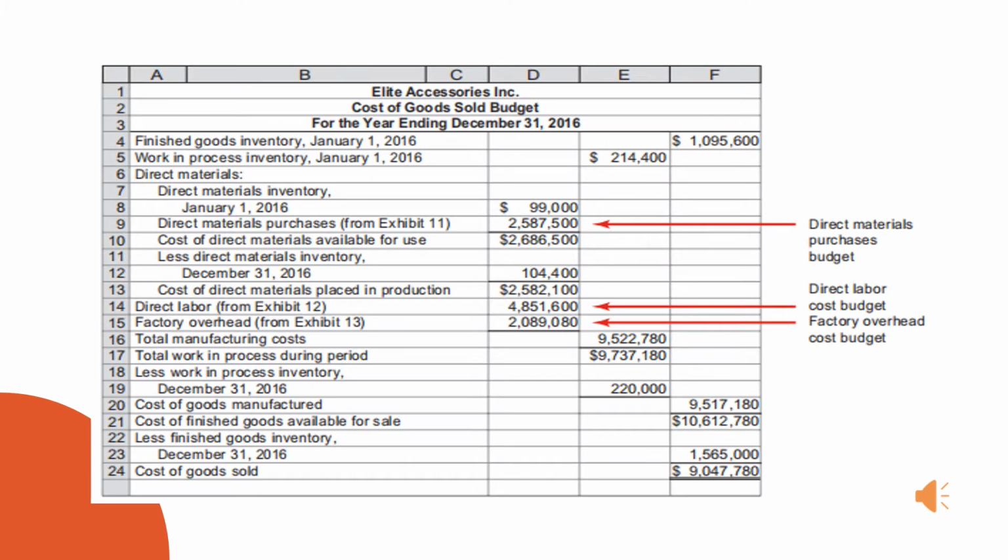So as you can see here, in preparing the cost of goods sold budget, you must first have your finished goods inventory beginning, which was already given in this problem, with $1,095,600. And then you also have your work in process inventory beginning of $214,400, which was already given a while ago. And then you have your direct materials, wherein your direct materials purchases is from your direct materials purchases budget.